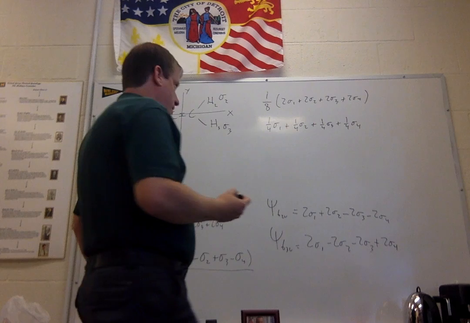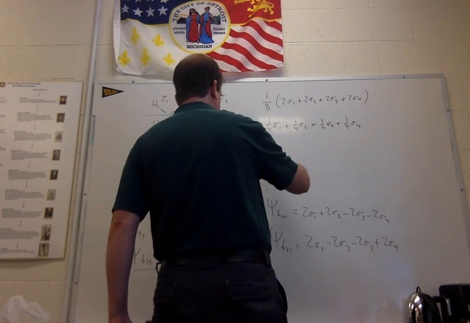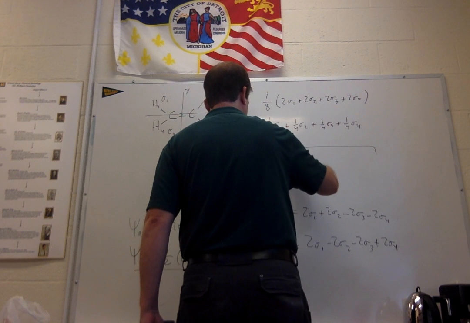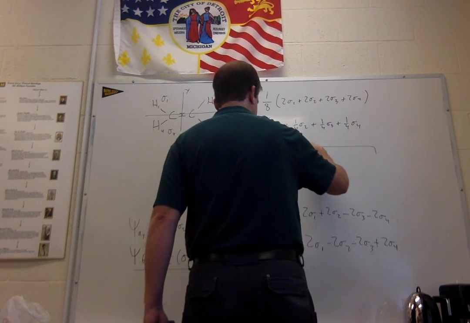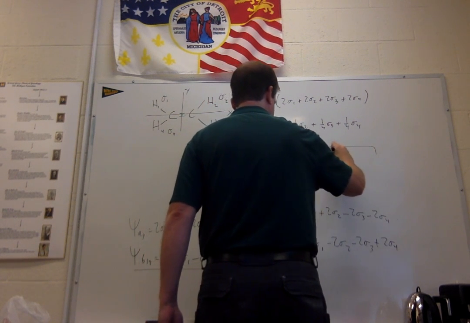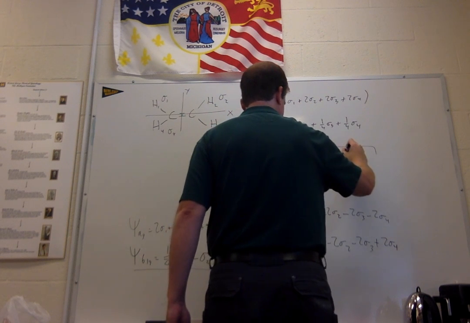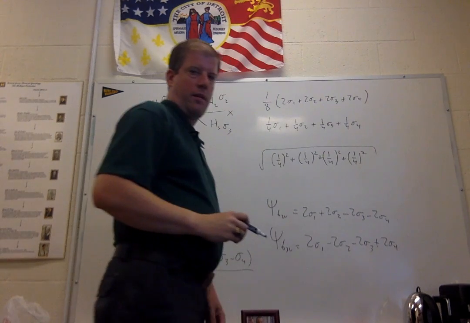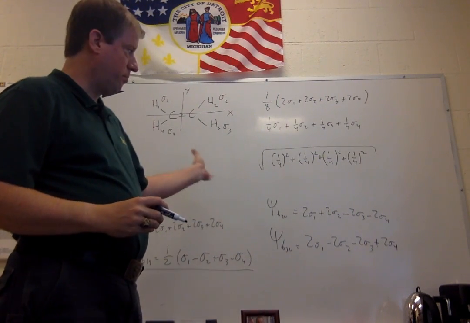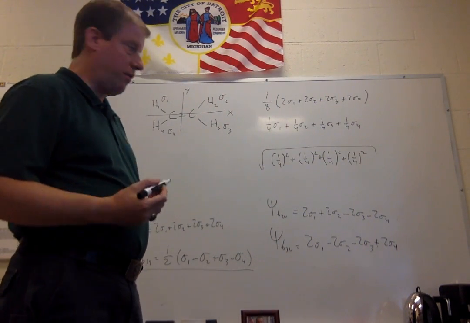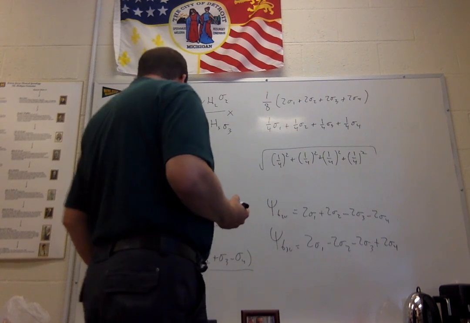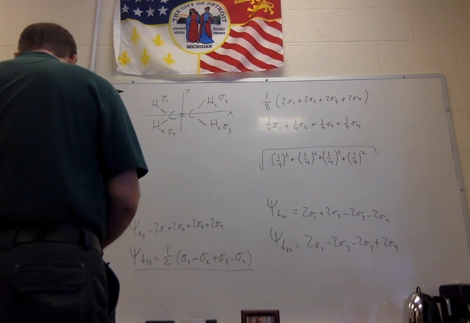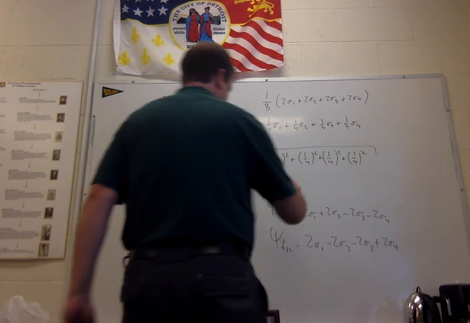If we divide that by the square root of the sums of the squares of the coefficients, they're all positive 1/4. And so we're going to get the same thing out as we did before. And so this is 1/2.